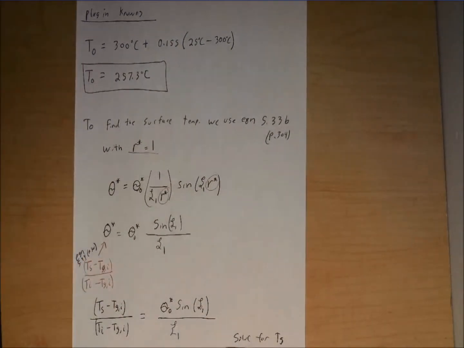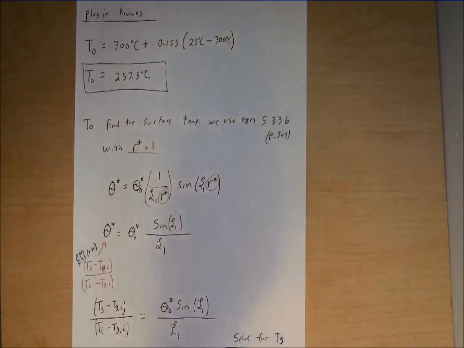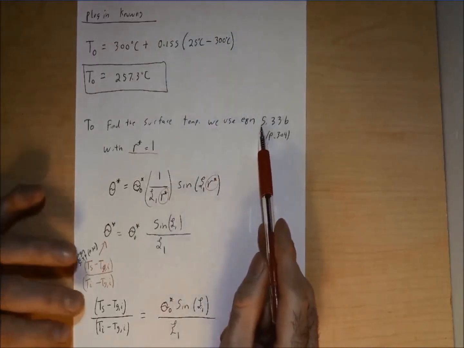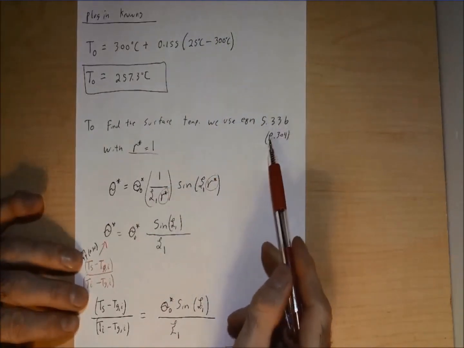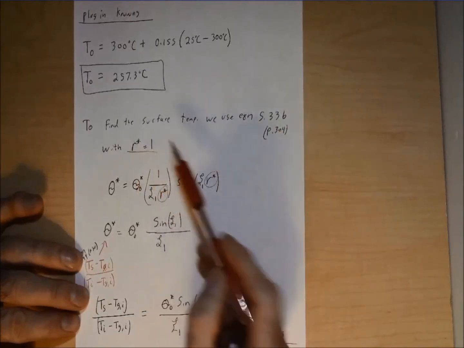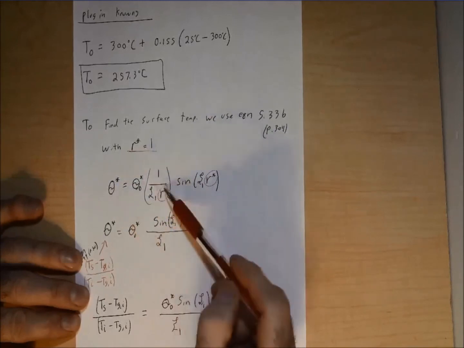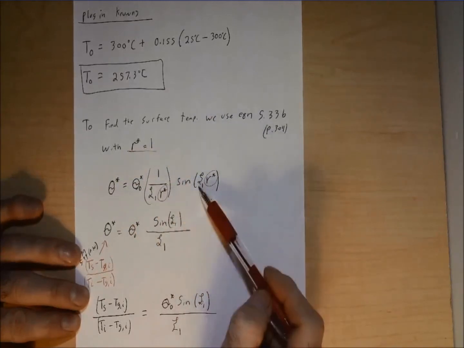We could then take this one step further and solve for the temperature at the surface of the sphere as well. In order to find the surface temperature, we can go to equation 5.33b on page 304 of our textbook, with our R star equal to 1. We have this relationship here, where we can plug in a value of 1 for R star to simplify and reduce this down.